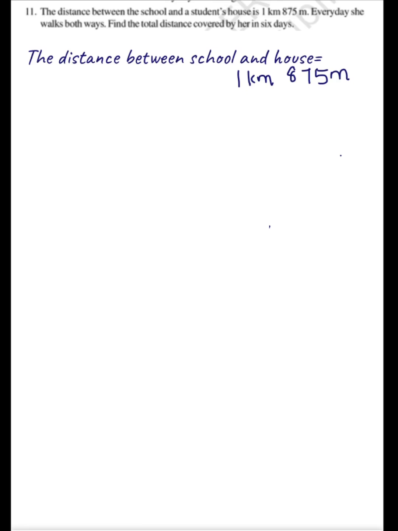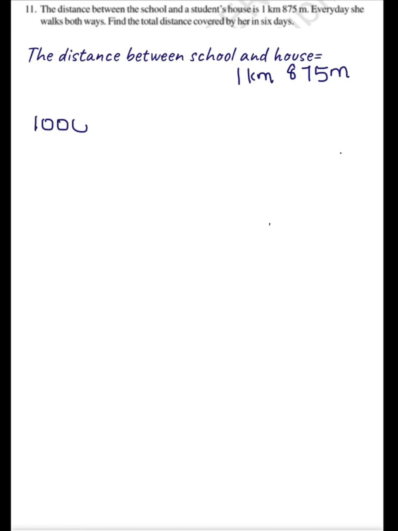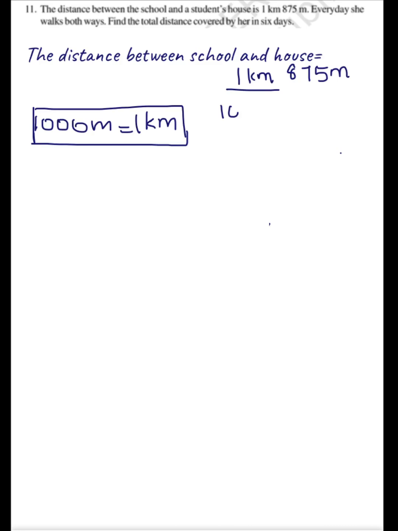So for easy calculation, let's convert this kilometer to meter. You know that 1000 meter is equal to 1 kilometer. This thing you have to keep in mind. So instead of 1 kilometer you can write 1000 meter, plus 875 meter, which is already in meter.